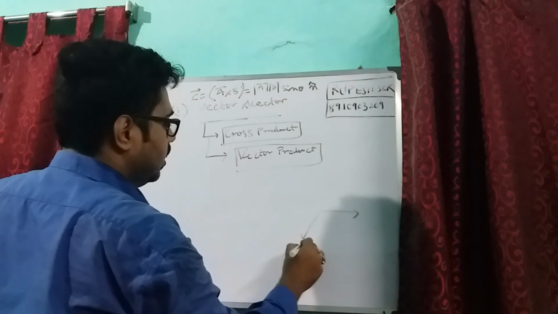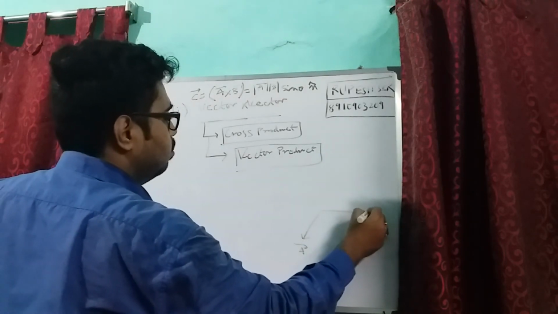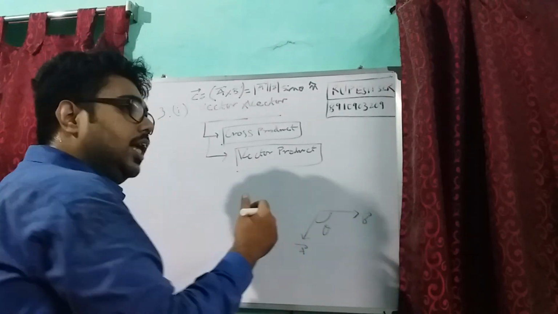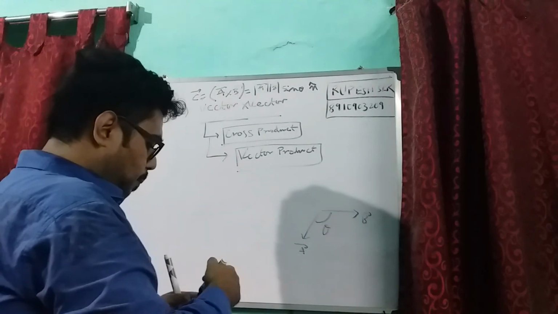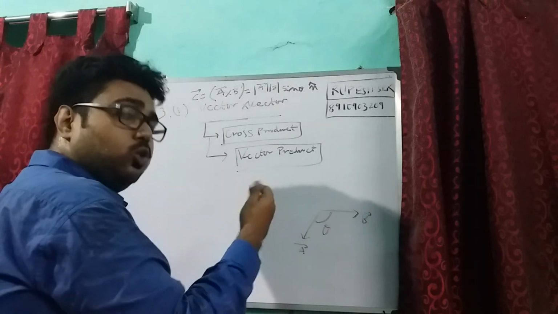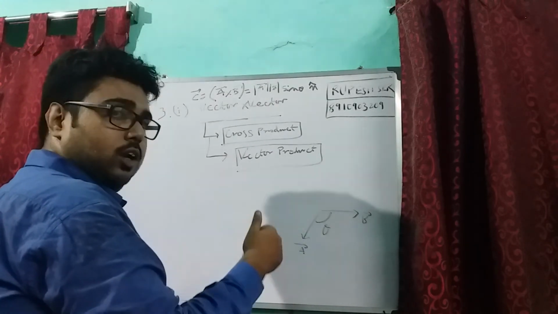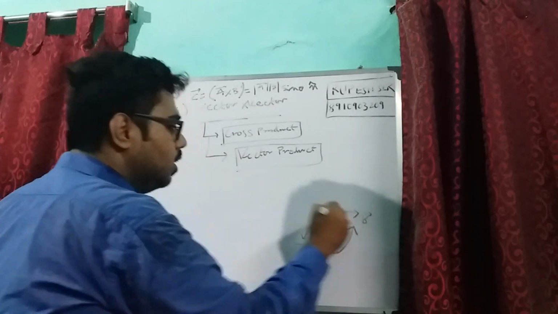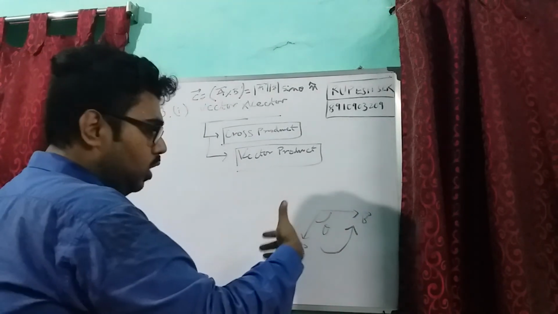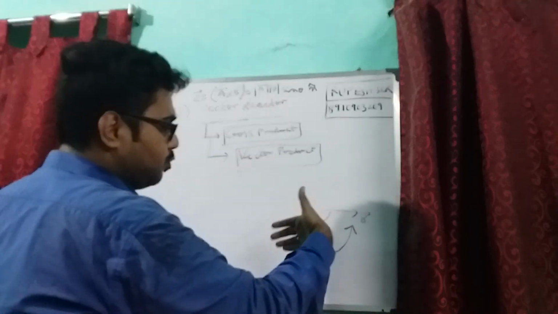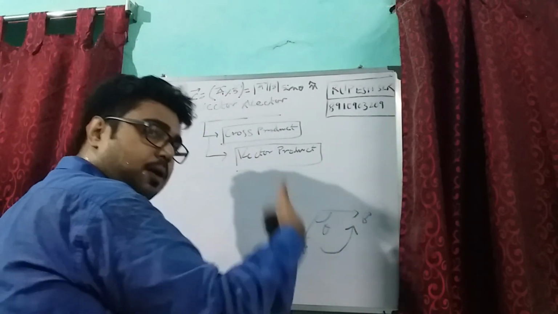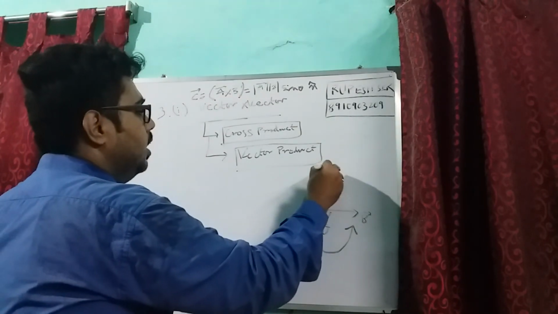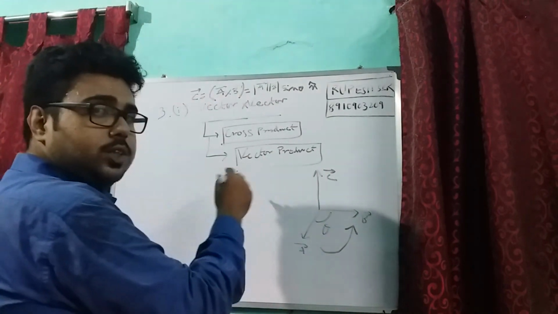Let us have two vectors A and B having theta angle in between them. Then we can apply the right hand screw rule and rotate it from A to B, or the right hand rule, where we bend our fingers from A to B, and then our thumb will indicate the direction of vector C. So what is the direction of C?